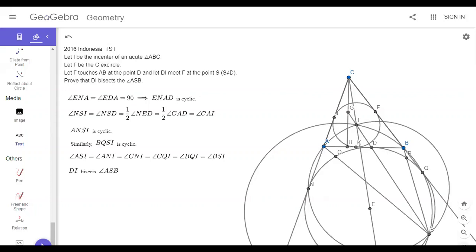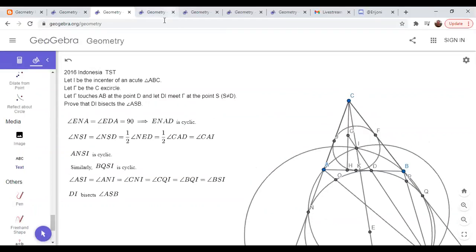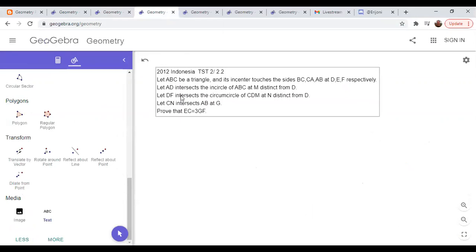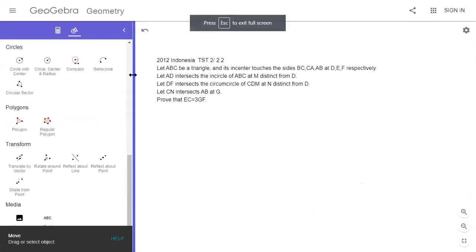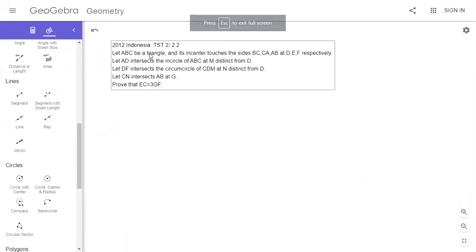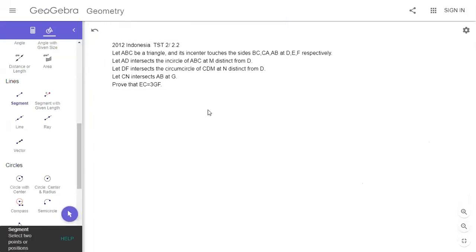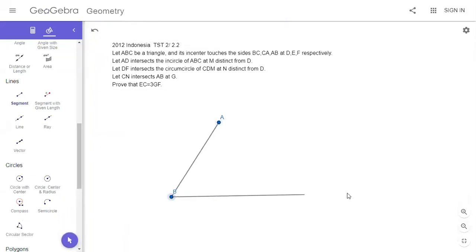All right, next problem. So this is an interesting one. It says one segment is 3 times another segment. So ABC is a triangle, and then we draw the incircle.